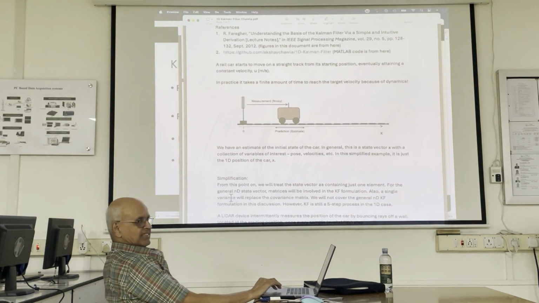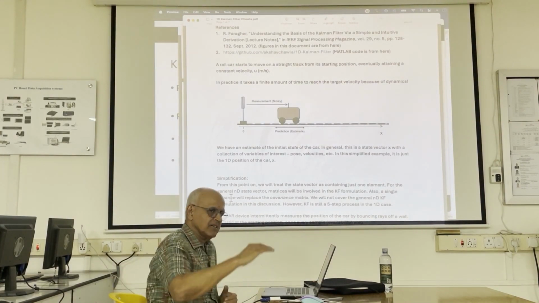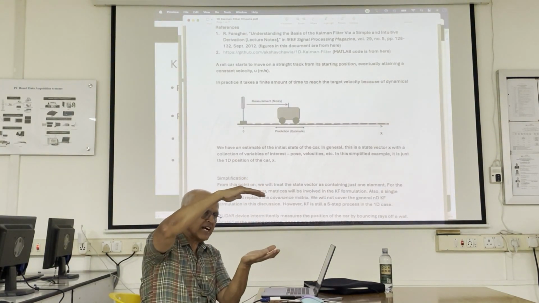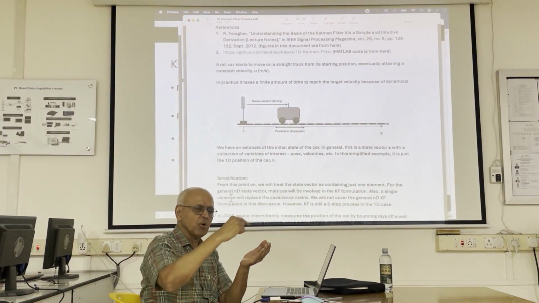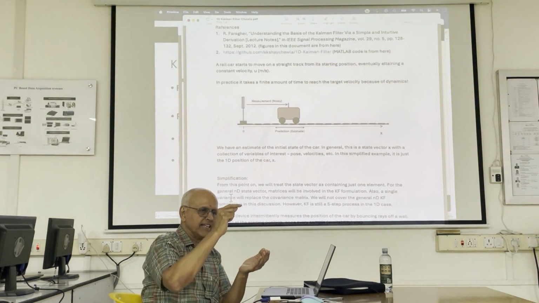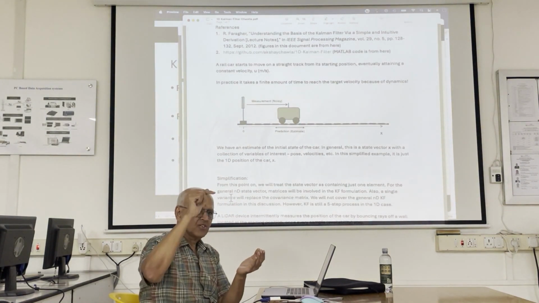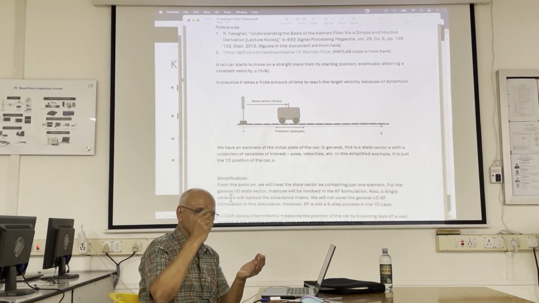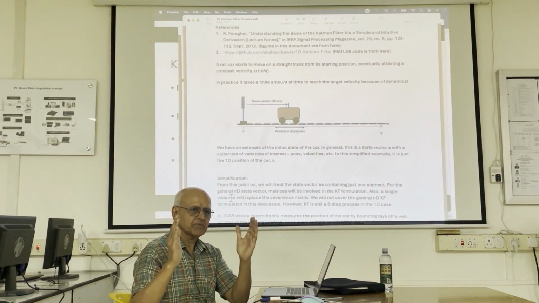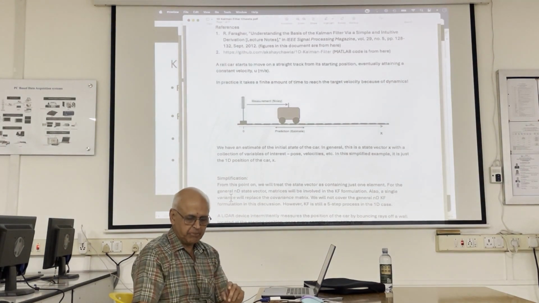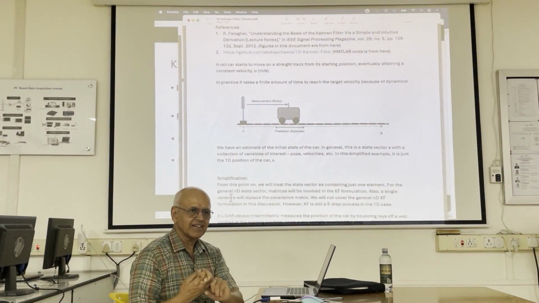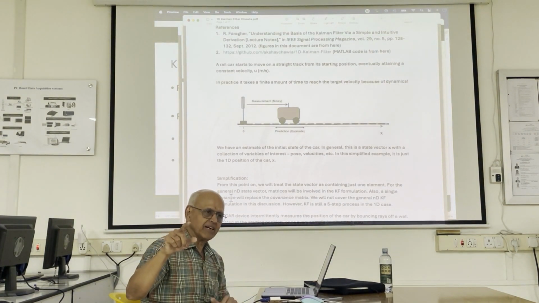Also, a single variance. Now, I don't know how far to go into this, maybe I won't go into it too much, but when you have a vector which contains a stack of variables, there's a variance for each one of them, right? But there's more than that. There is the covariance between pairs of them. So the variance, a single term in the one-dimensional case, gets replaced by a covariance matrix. So if you have n elements, let's say 3D position, X, Y, and theta, you have a 3 by 3 covariance matrix.